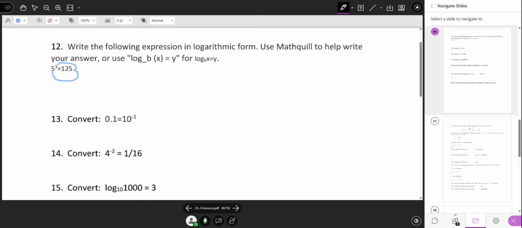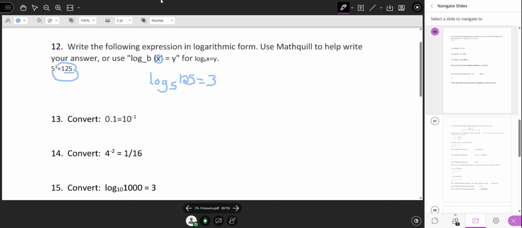The base is a number, so use log. So log, base is 5, so the base stays as a 5. Then the next thing I fill in is this part of it, which is this. That's the next thing I came to. Then I put in equals, and the next thing I came to was the 3.